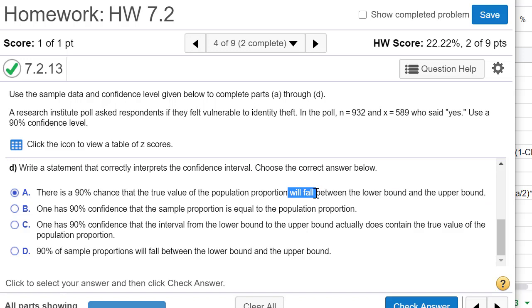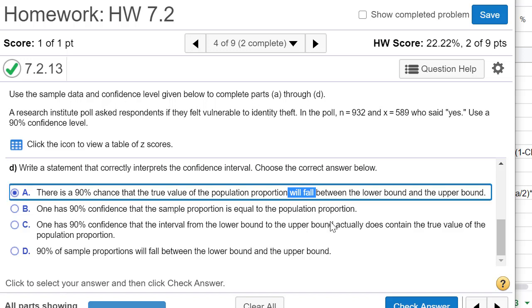Triola has this issue about this phrase "will fall," and this is definitely not what we want to choose. Will fall means that the proportion isn't already figured out and it'll land between those two things, but that's not the case. The population proportion already exists and we're trying to capture it with a confidence interval.